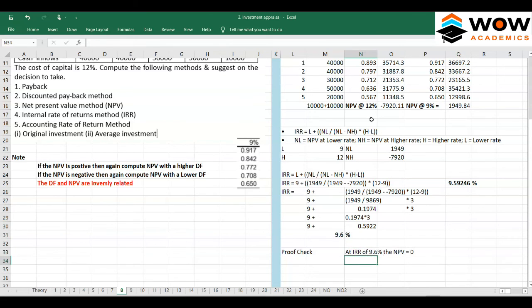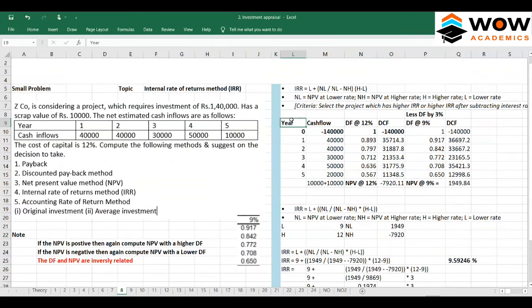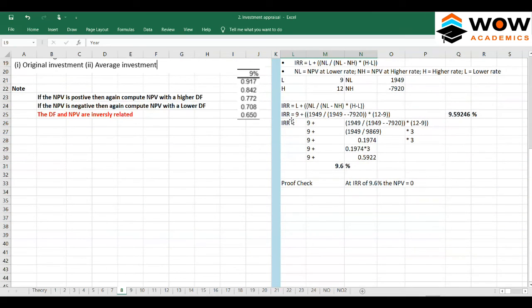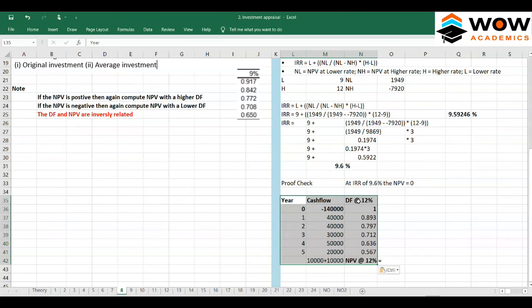So let's check whether it's correct or not.